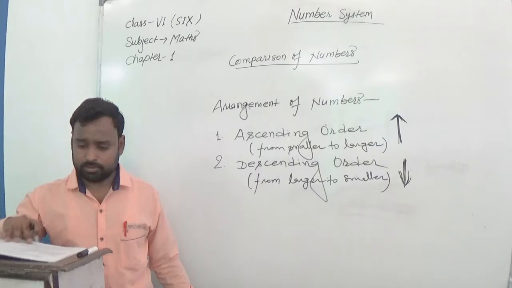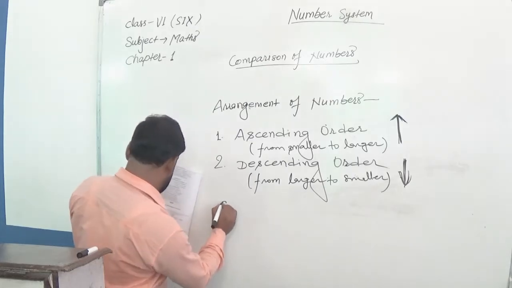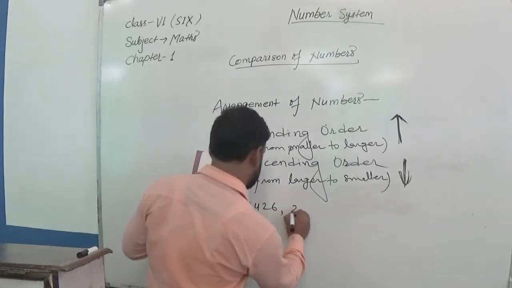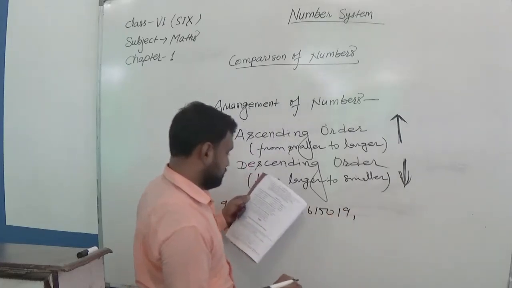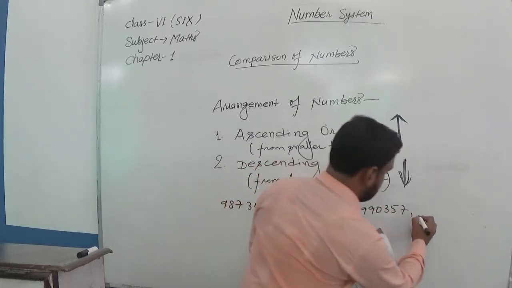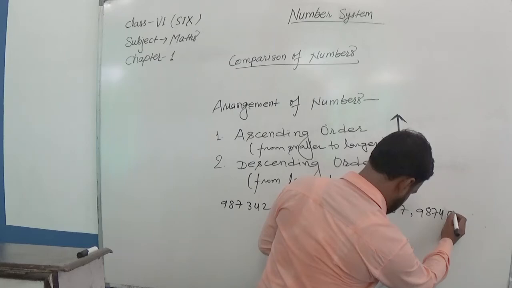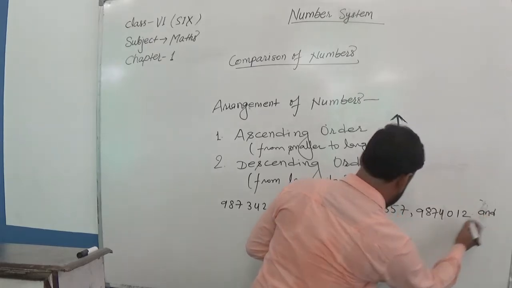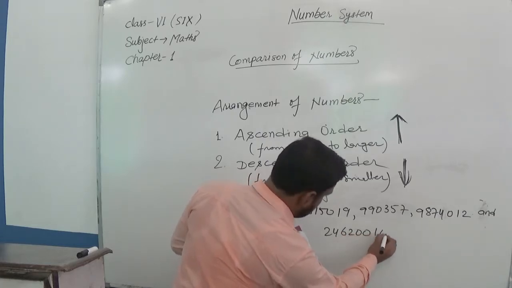Suppose you have 9, 8, 7, 3, 4, 2, 6, 2, 4, 6, 1, 5, 0, 1, 9, 9, 9, 0, 3, 5, 7, 9, 8, 7, 0, 7, 4, 0, 1, 2, and we have 2, 4, 6, 2, 0, 0, 10.